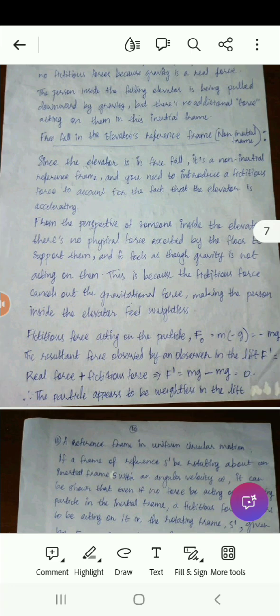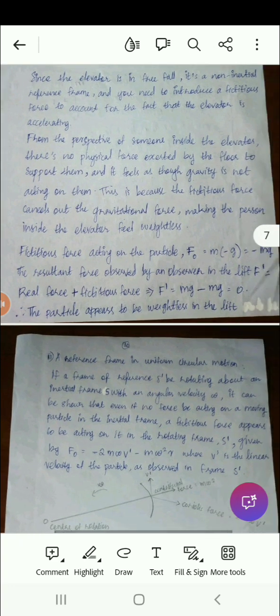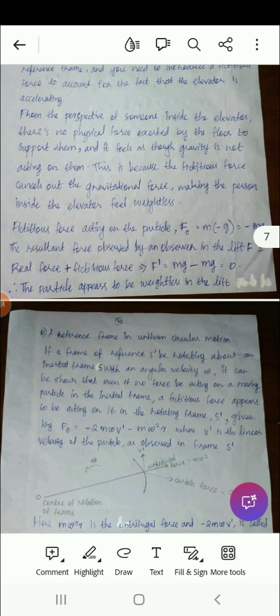And because of that, you need to introduce a fictitious force to account for the fact that the elevator is accelerating. From the perspective of someone inside the elevator, there is no physical force exerted by the floor to support them, and it feels as though gravity is not acting on them. This is because the fictitious force cancels out the gravitational force, making the person inside the elevator feel weightless.